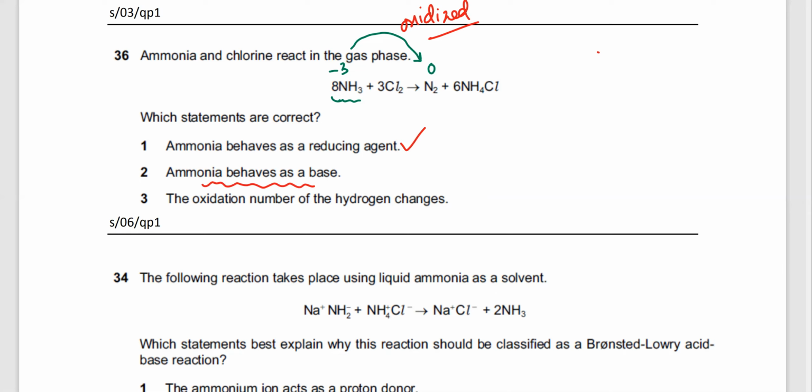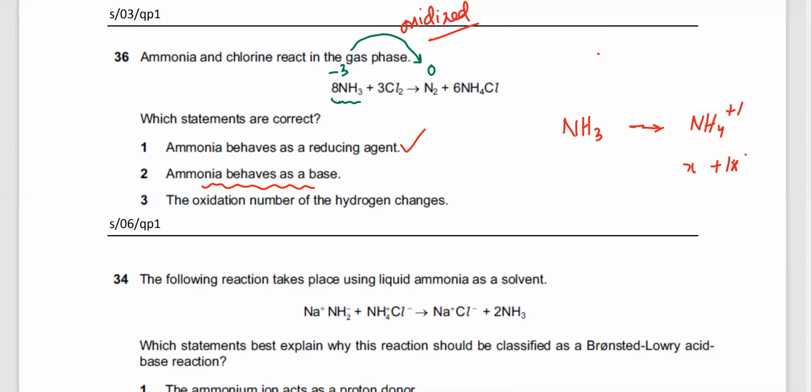Why do you take the one from N2 and not NH4+? In that case, nothing is happening. If you take NH3 to NH4+ with a +1 charge and try to find the oxidation state, N is X, H is +1, so X plus 4 times 1 equals +1.